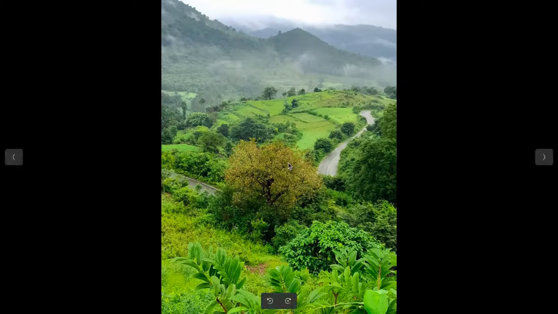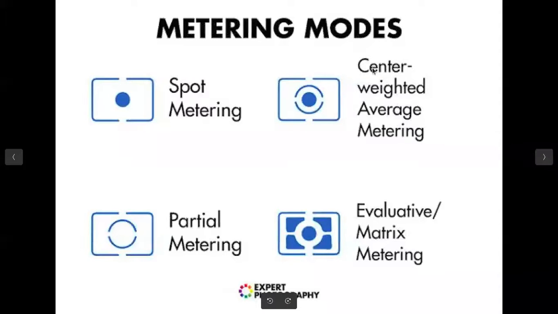That will play the major role in deciding the exposure level of the image, right? The entire frame will also be considered, but importance will be given to the center of the frame, and depending upon that, your photo will be exposed. So this is called center weighted or average metering.